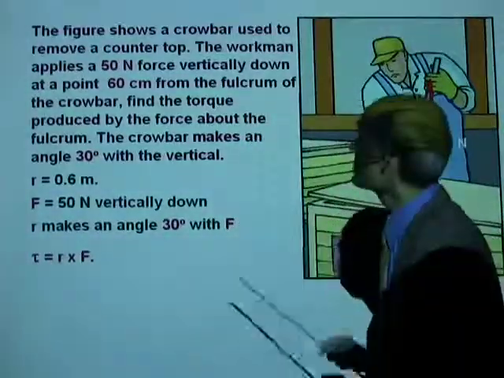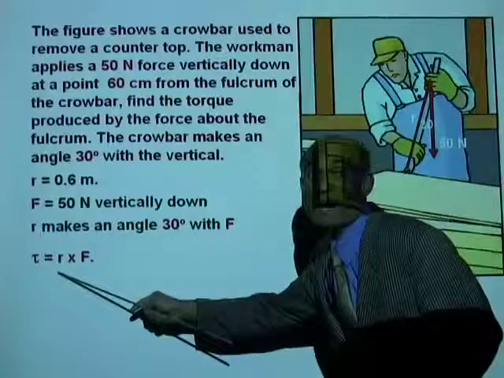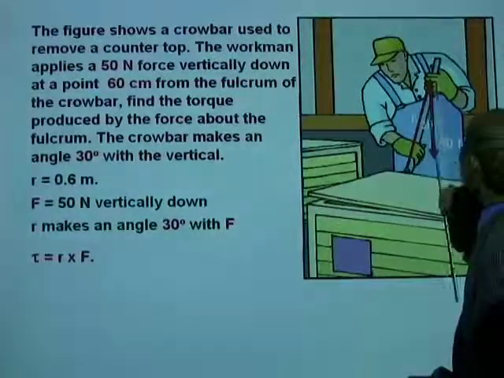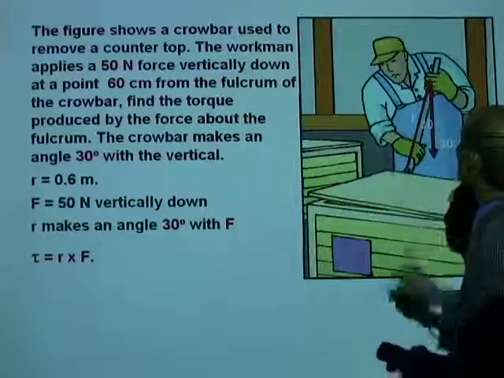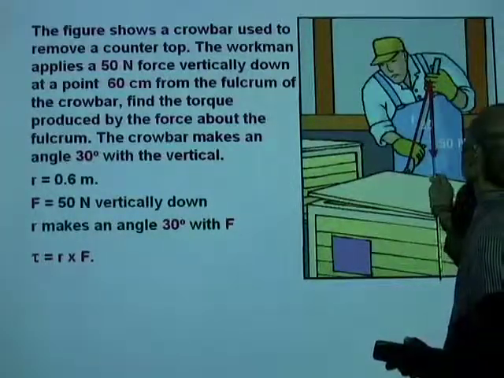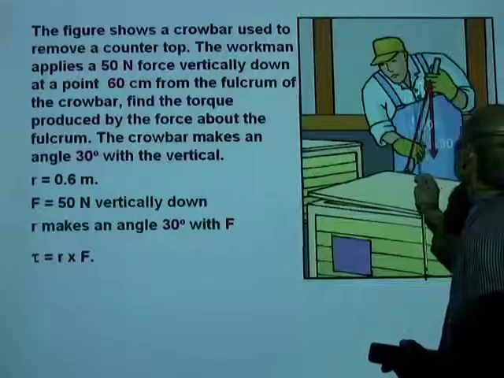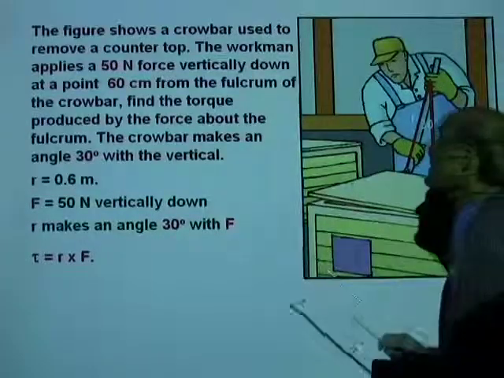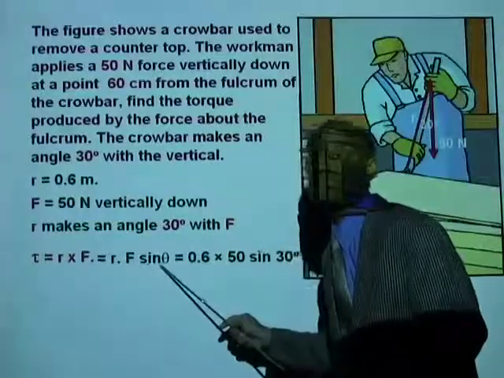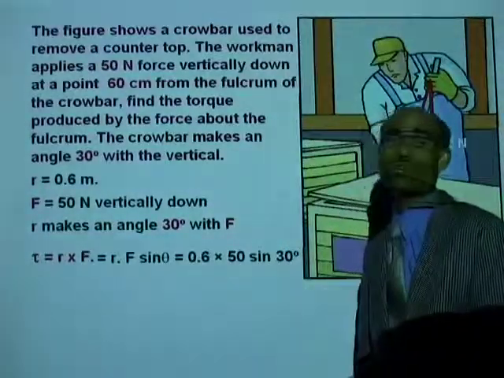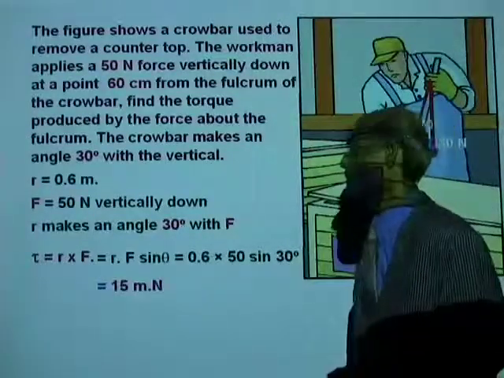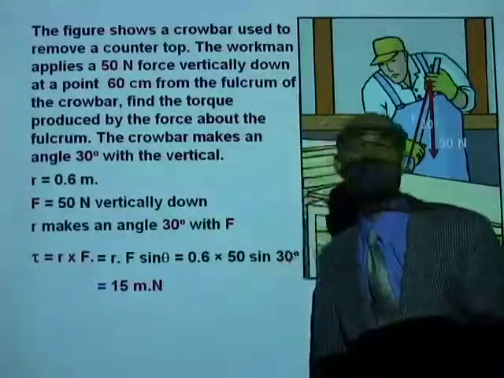The magnitude will be R times F sine theta, because the component of this force at right angles to the crowbar will be F sine theta. So it will be R times F sine theta, that is 0.6 times 50 sine 30, that is 15 meter Newton.